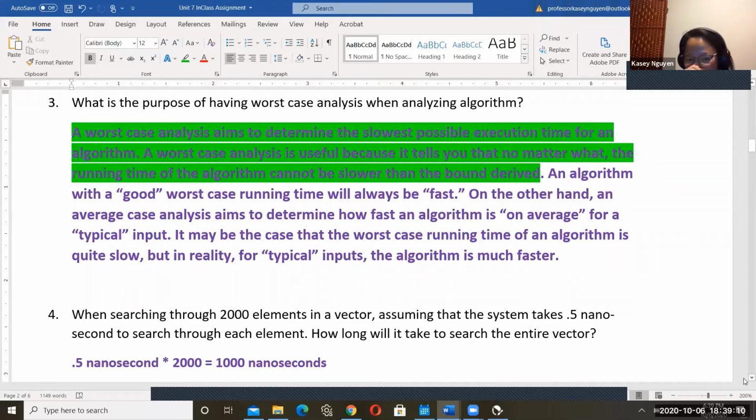If we're doing an unordered linear search, we simply use the value of n, which is 2,000 elements. Since it's looking through each element, it takes 0.5 nanosecond, half of a nanosecond. Then we multiply 0.5 times 2,000, which gives us 1,000 nanoseconds.